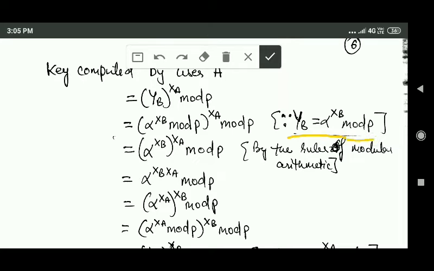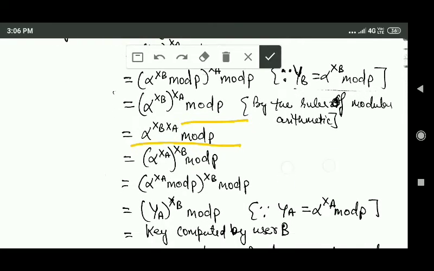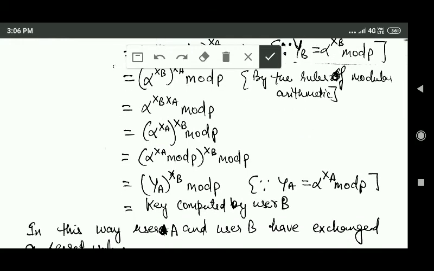So when we put the value of yb in this equation, we will get alpha raised to power xb mod p, whole raised to power xa mod p, which is equal to alpha raised to power xb raised to power xa mod p, which is equal to alpha raised to power xb into xa mod p, which is equal to alpha raised to power xa raised to power xb mod p, which according to modular arithmetic is equal to alpha raised to power xa mod p, raised to power xb mod p.